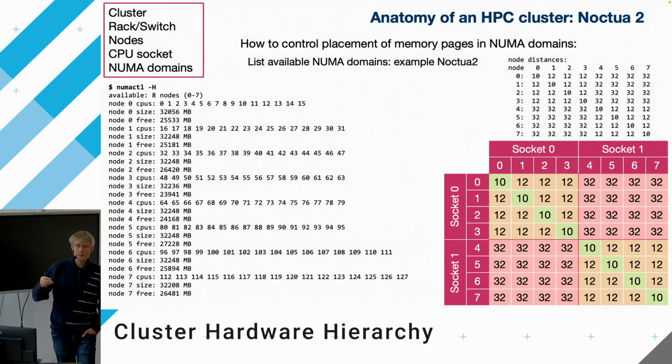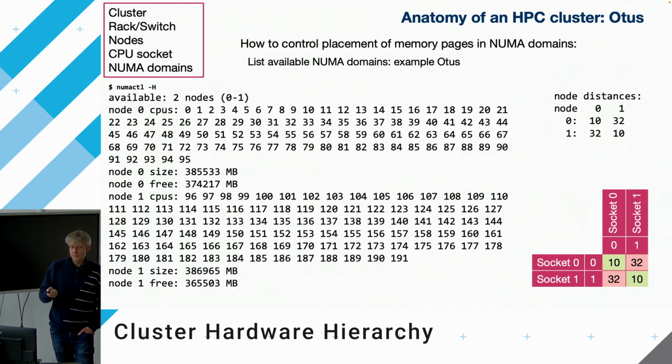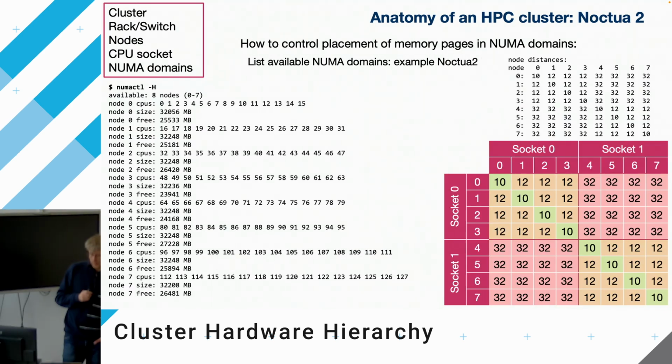On Otus, we did some measurements and found only a difference of a few percent in the measured bandwidth on some benchmarks, and in real applications not a real measurable difference, and therefore we chose this easier configuration of only 2 NUMA nodes. But on Noctua 2, it will look like this.